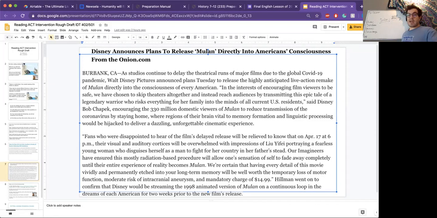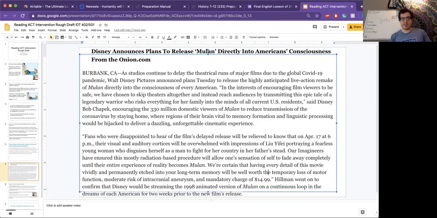So, if we look at Disney, that it's planning to release it into our American consciousness, and it's going to charge everyone $14.99, and we're going to lose motor function, and we're going to get radiation from it. You can maybe infer that the overall meaning is that Disney's trying to make as much money as possible.